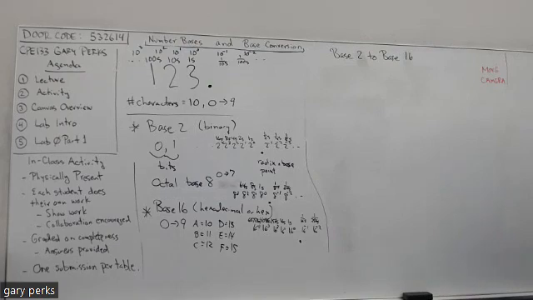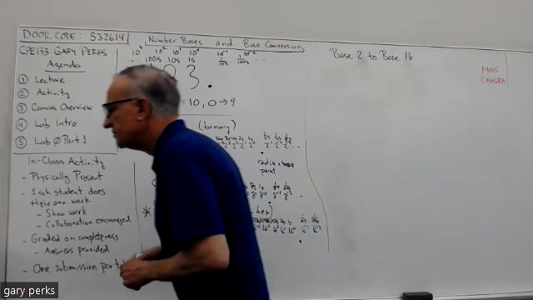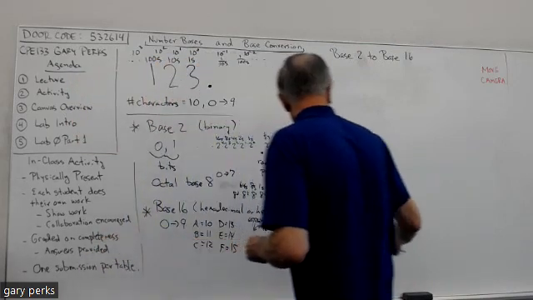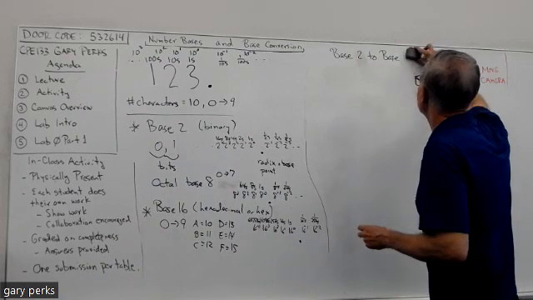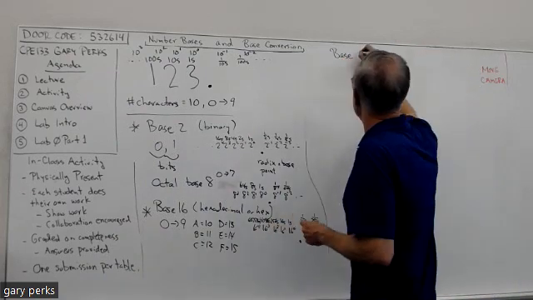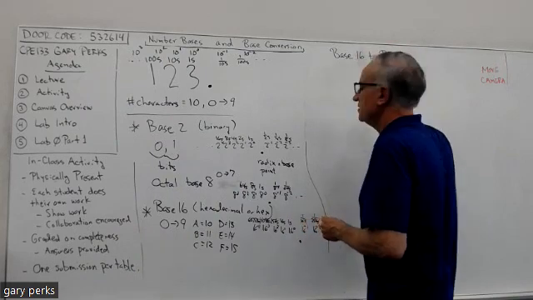Okay, so let's see, is that what I want to do next? Have we done base 16 to 10 yet? We haven't done 16 to 10 yet. Let's do that. I'm sorry, I'm jumping ahead. I don't want to do this. Let's do base 16 to base 10.